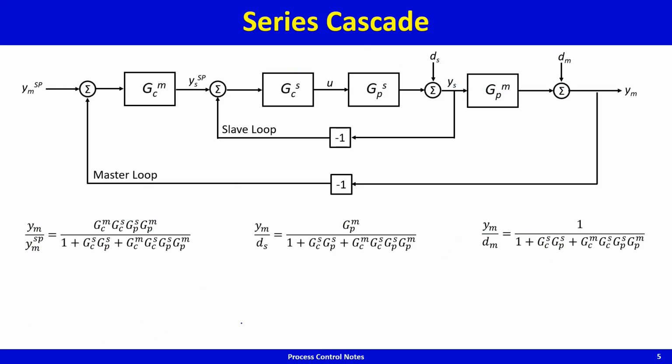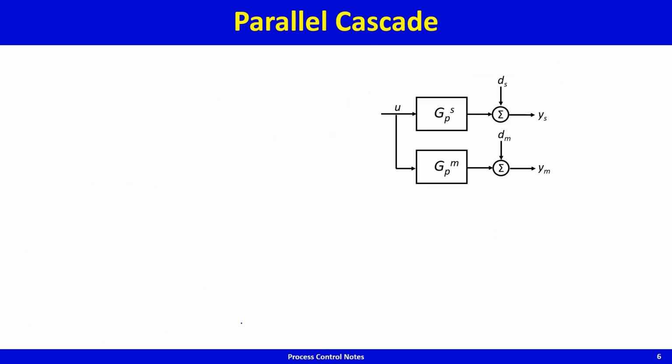Here are the transfer functions written. You also have the parallel cascade where your manipulated variable affects the secondary variable and it also affects the primary variable, but the effect is in parallel, not in series.